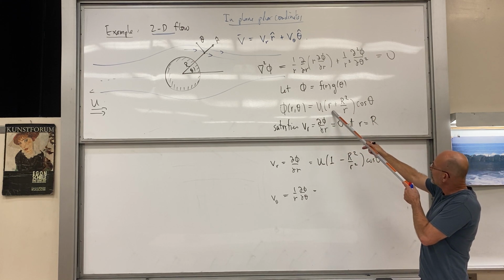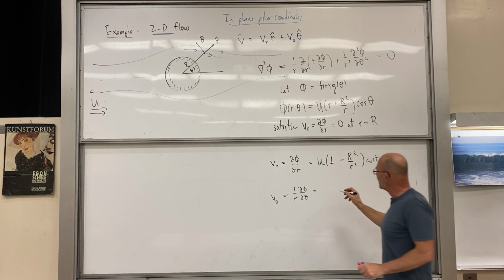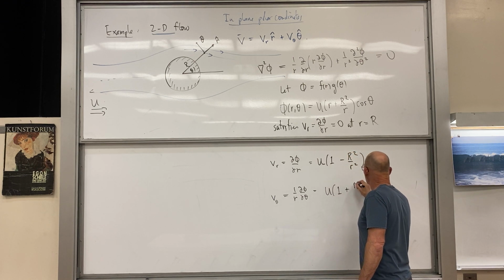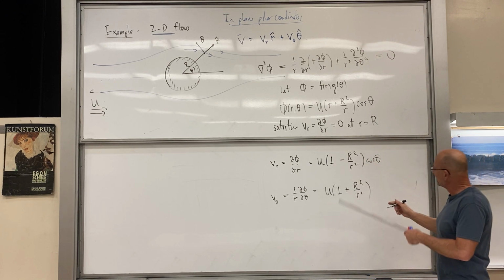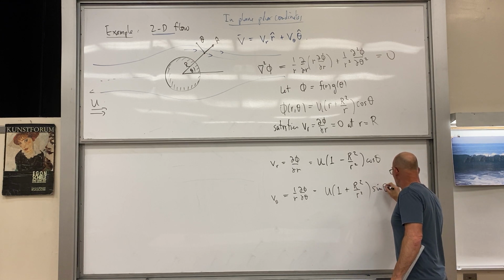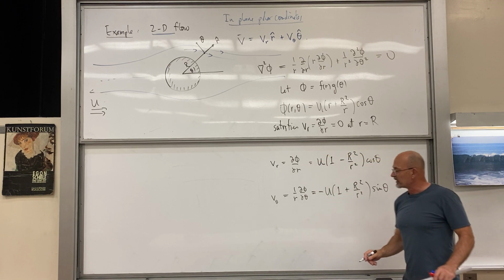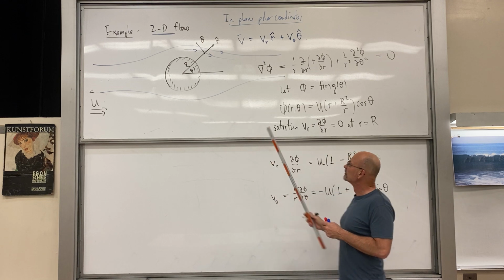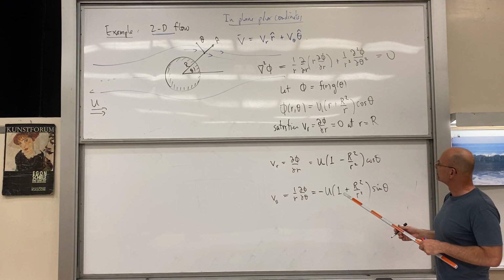Again, we're going to have 1 plus R squared over r squared, this time with a positive sign: u times 1 plus R squared over r squared, times minus sine theta. Good, so that's our v sub theta, and what we want to do is make sense of it. That's something you guys play around with.